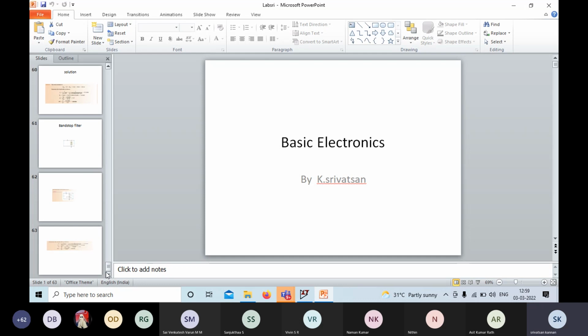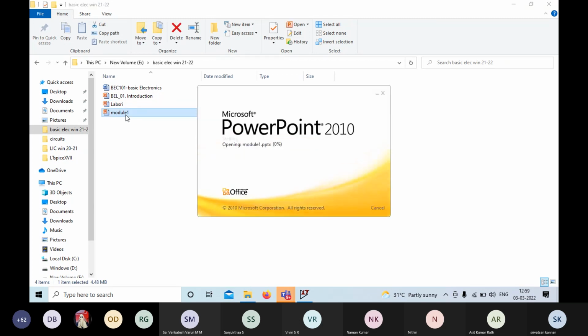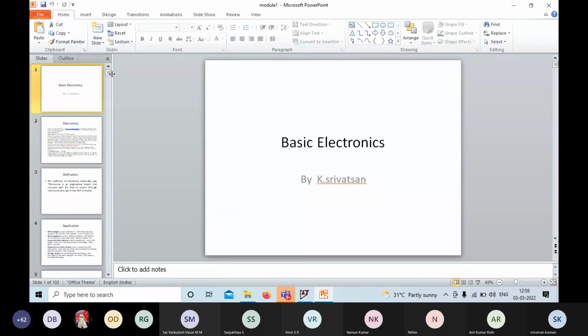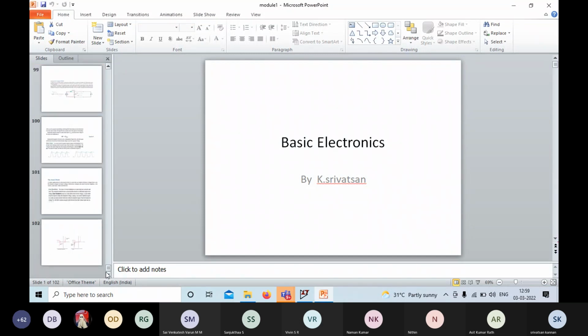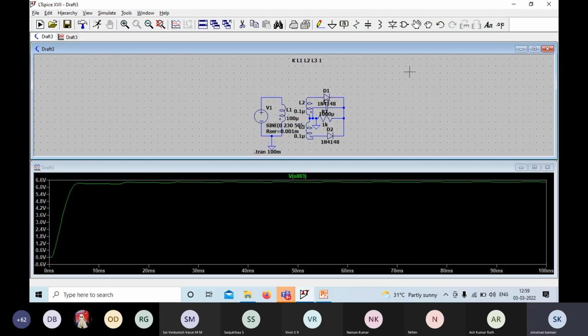I'll show you the bridge rectifier circuit.